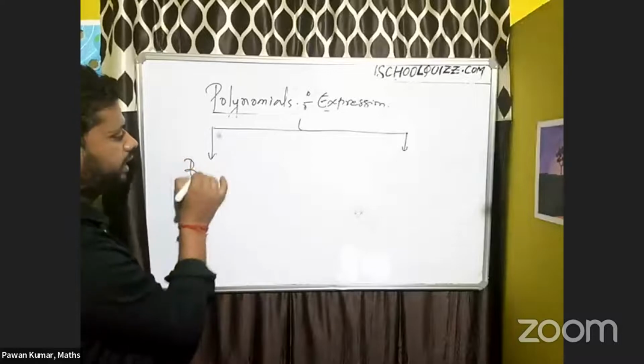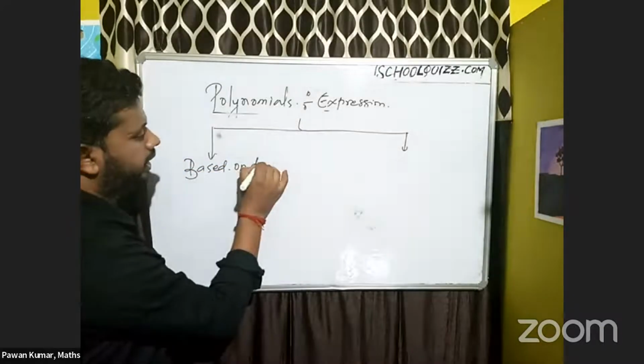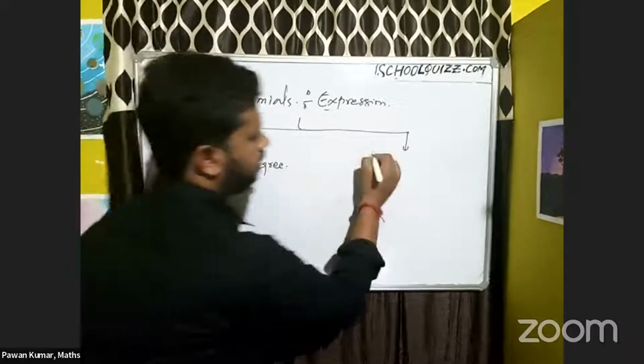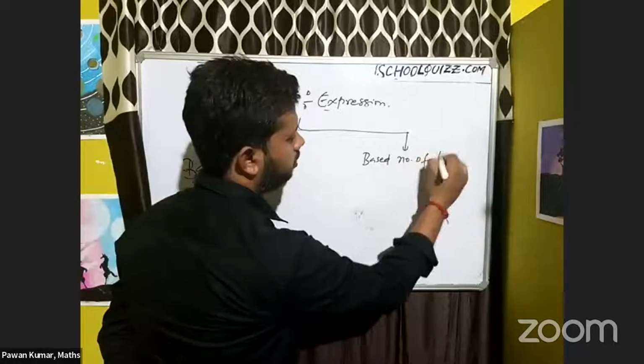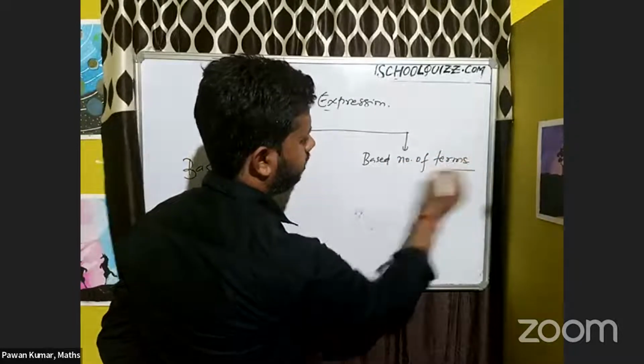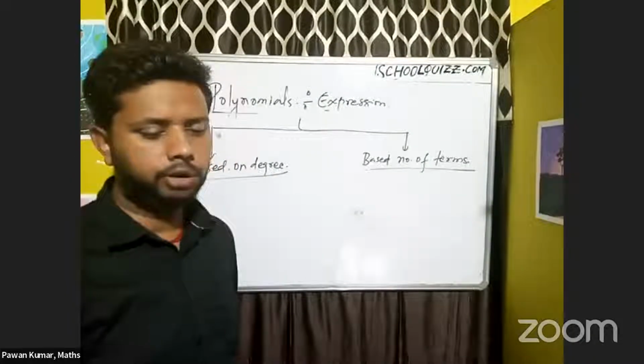One is based on degree and another type is based on number of terms, correct? There are two types of polynomials according to which we name them.